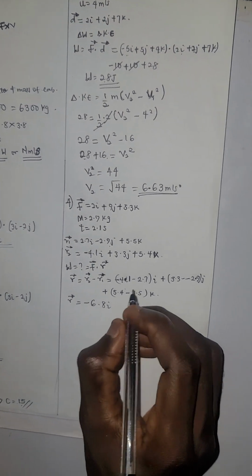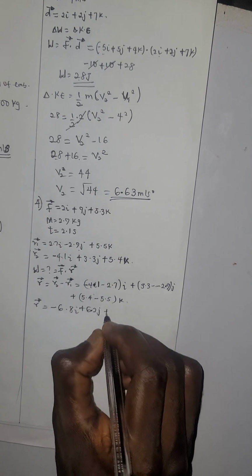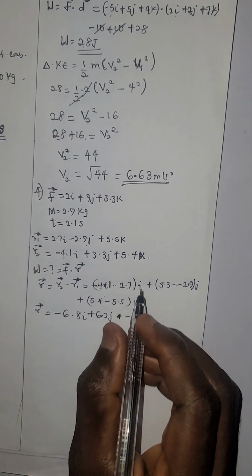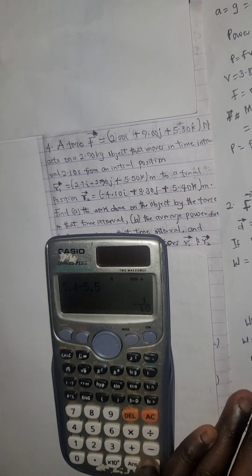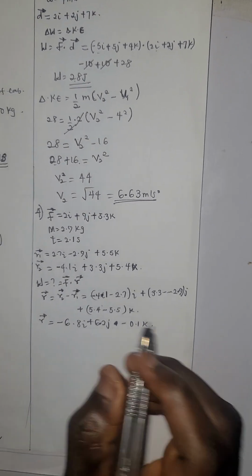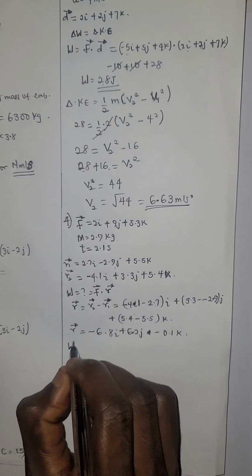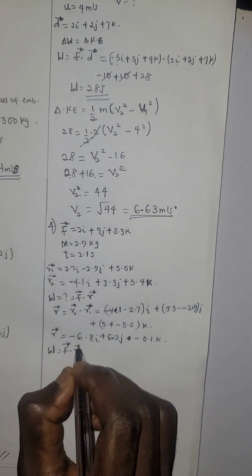You have plus 6.2J, minus 5.4 minus 5.5, you have minus 0.1K. So now our work done will be force times displacement.